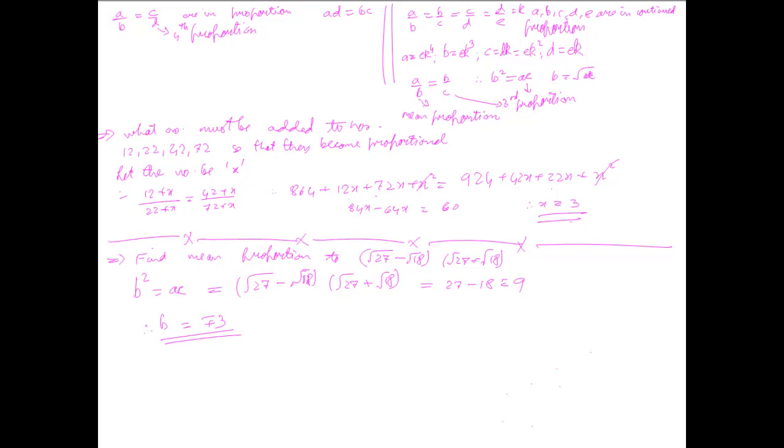This is an example. Question says, find numbers such that the mean proportion between them is 24 and the third proportional is 1536.